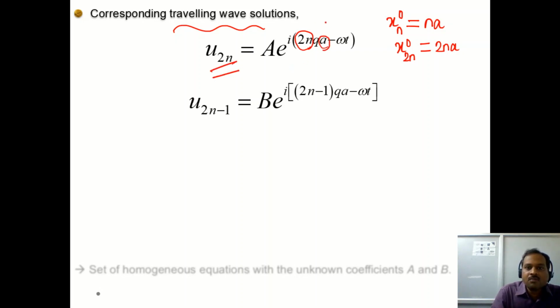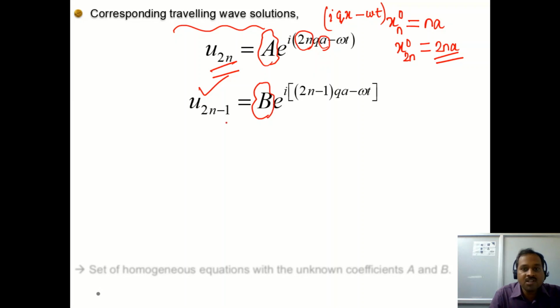In this case, this 2na has been written for this 2nth atom. So if you recall, this term contains q into x. i(qx minus omega t) is the phase factor. So x is the mean position for the 2nth atom, and in this case it is 2na. And also we should see that the amplitude of vibration is a, whereas the lighter atom placed at the 2n minus 1th position has a different amplitude.